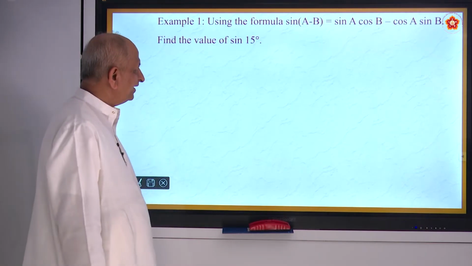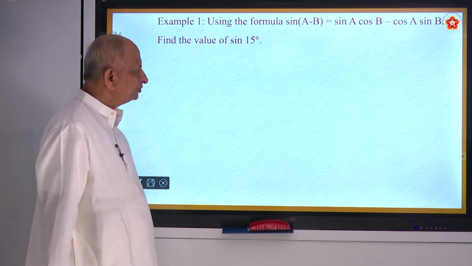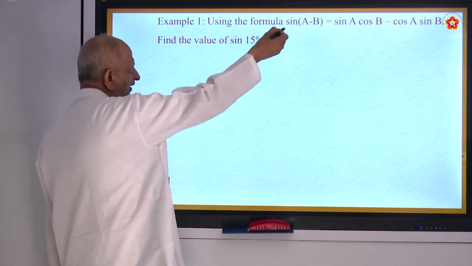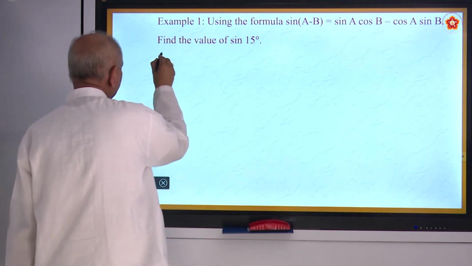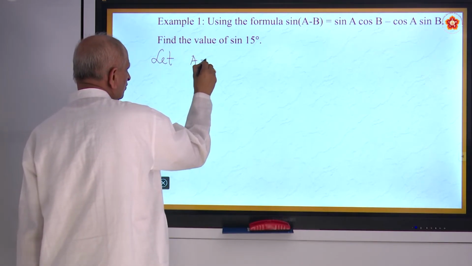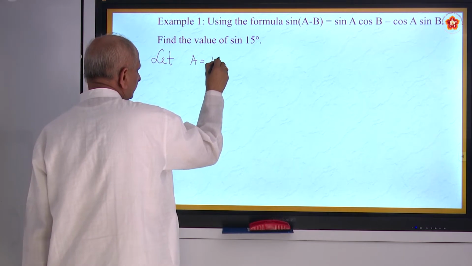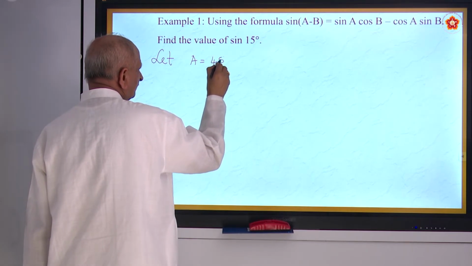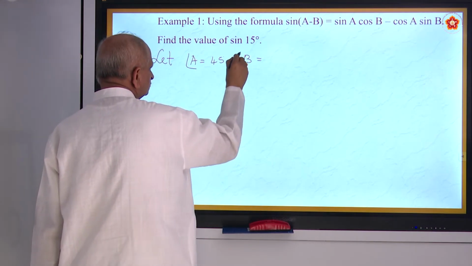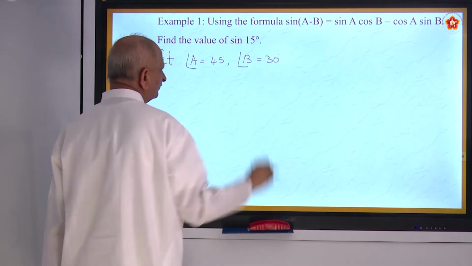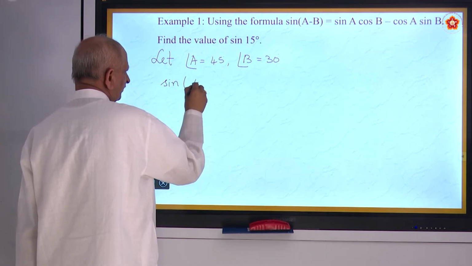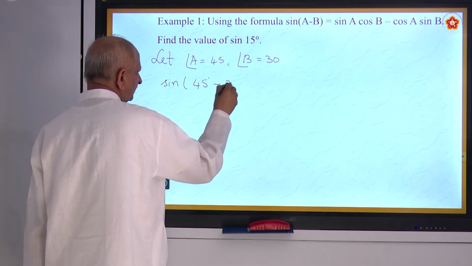Similarly, now we have studied 45 and 30 and apply it here. Find the value of sin 15, they are telling. So we can take it as, let angle A be equal to 45 degrees and B is equal to 30 degrees, and you have sine of 45 minus 30.